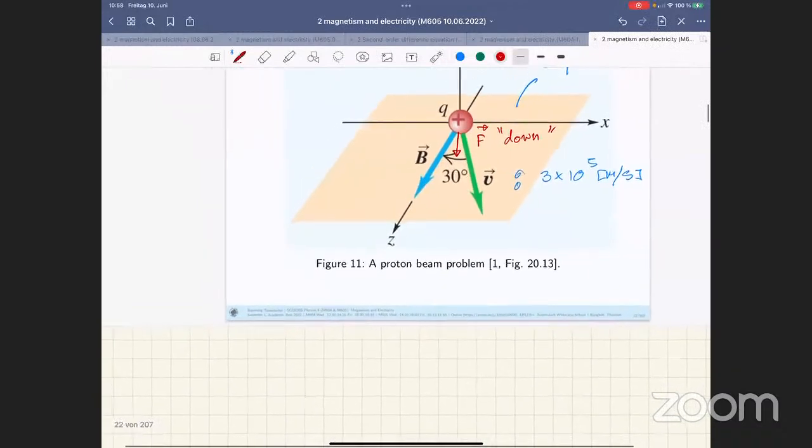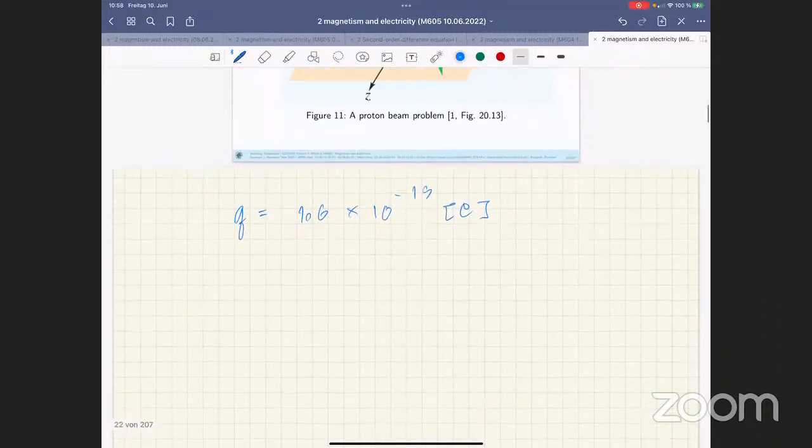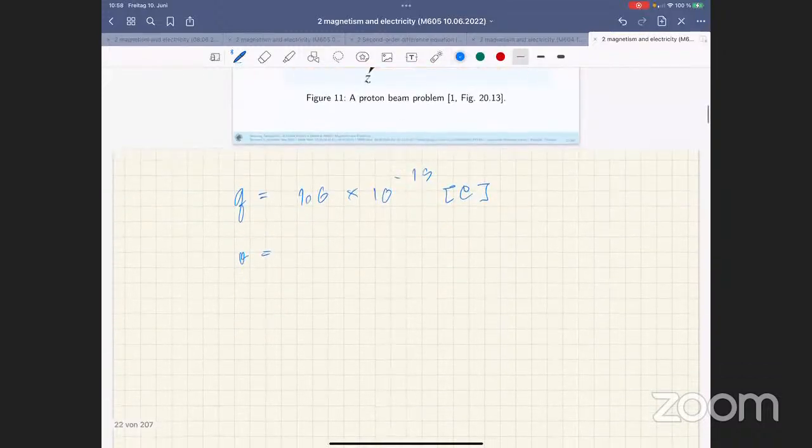what is Q of a proton. The charge of a proton is 1.6 times 10 to negative 19 coulomb, right? And for velocity, of course, our velocity doesn't reach the speed of light, it is not close to the speed of light, so we can use the typical formula in physics. It's 3 times 10 to 5 meter per second.